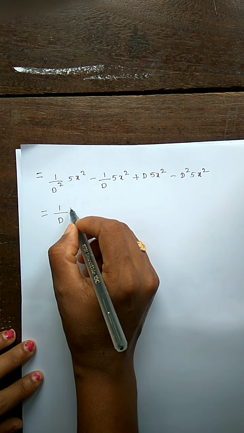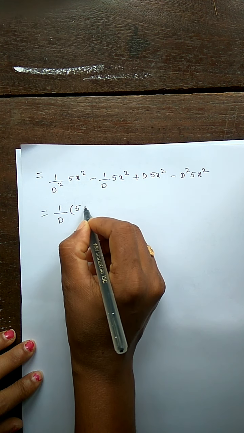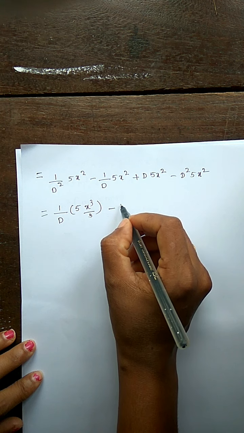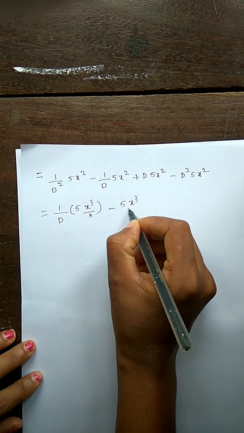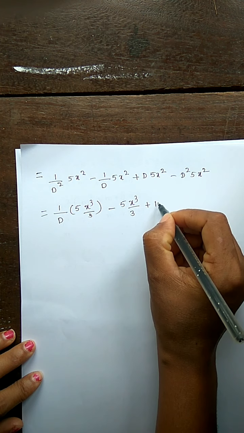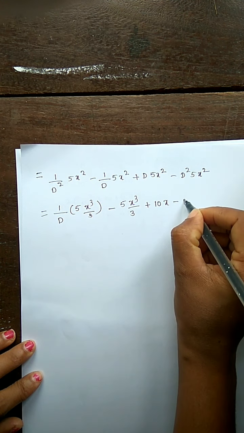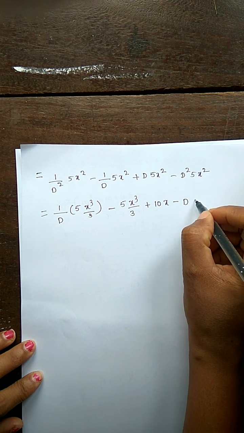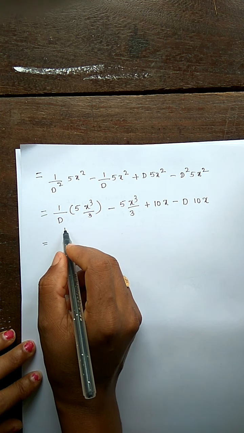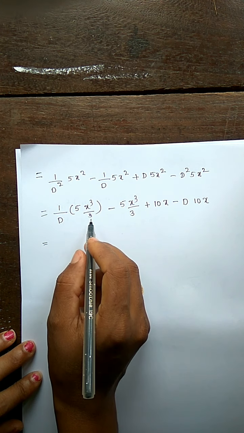So integration of 5x square, that is 5 into x cube by 3 minus integration again here 5 into x power 3 by 3 plus derivative of 5x square, it is 10x minus d into derivative of 5x square. So it is again 10x. So that is equal to again 1 by d, again integration of 5x cube by 3.